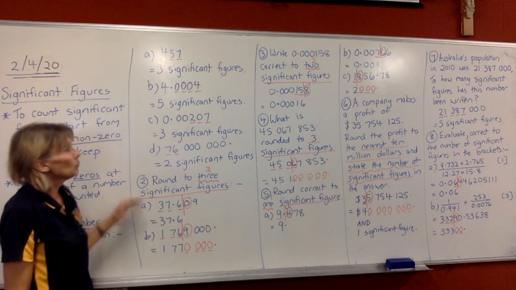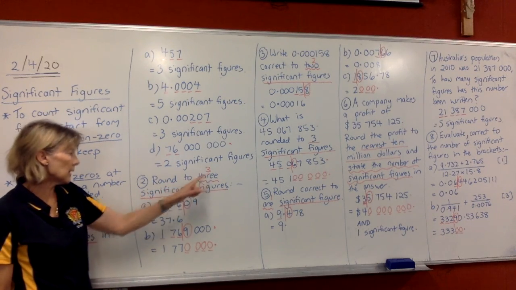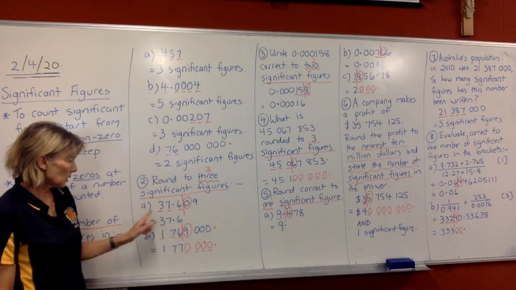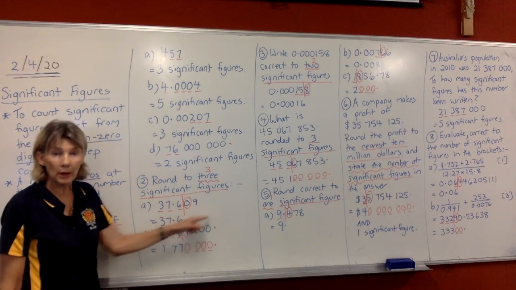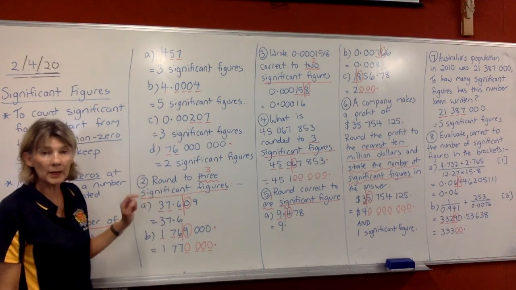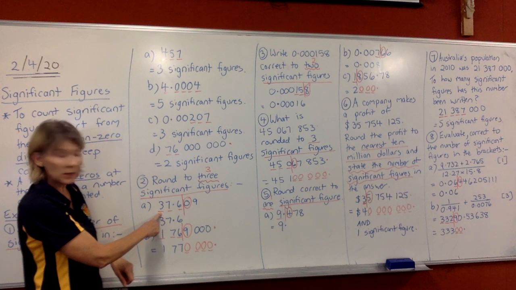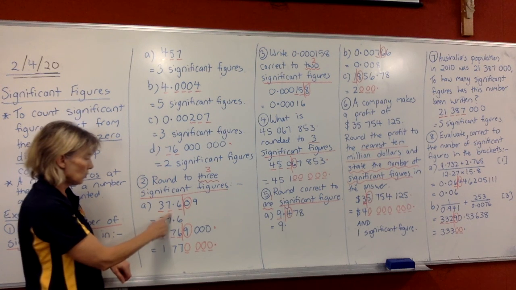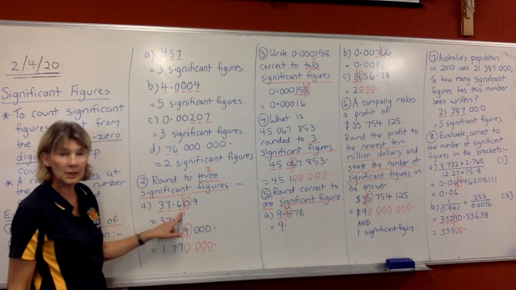Down here we are now going to start rounding off. This one says round to 3 significant figures. Here's our number, with a decimal, 37.609. This is our first digit, it's not a zero, so we count 1, 2, 3 and underline them. There's your 3 significant figures.